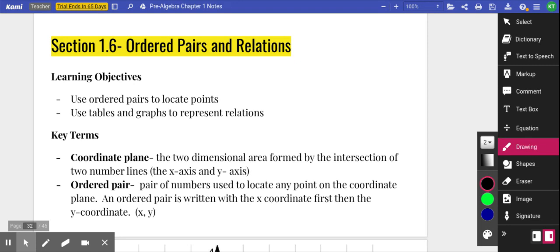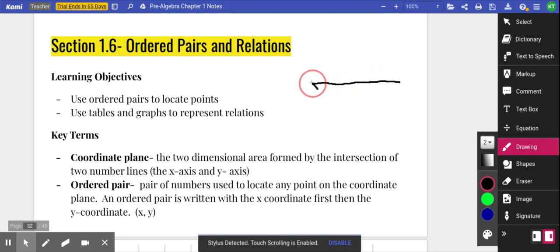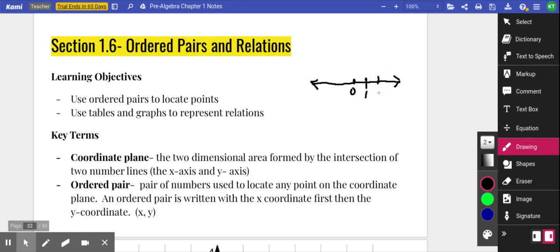Our key terms: coordinate plane is the two-dimensional area formed by the intersection of two number lines, the x and y axis. If you have just a number line, typically you have 0, and then to the right you have your positive values, and to the left you have your negative values.